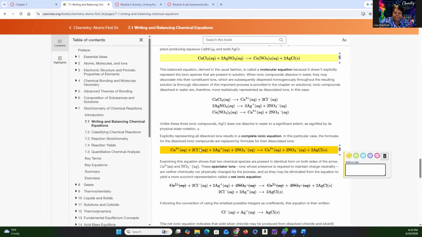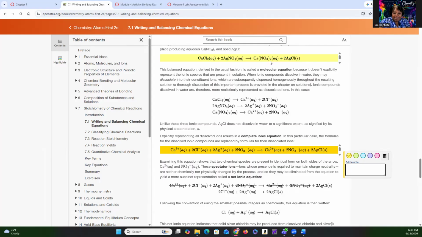So 2Cl minus, and don't forget to put those aqueous symbols, plus 2Ag plus, it has a coefficient, you keep it. 2Ag plus aqueous plus 2NO3 minus. Remember, this is a polyatomic ion, so you leave the subscript where it is. Now it produces Ca2 plus aqueous plus 2NO3 minus.